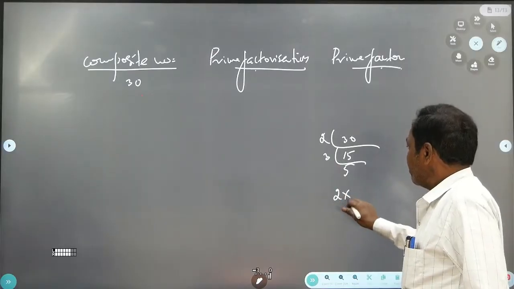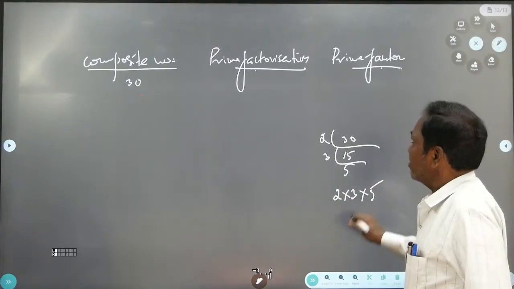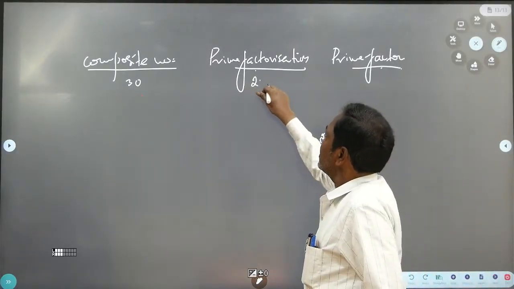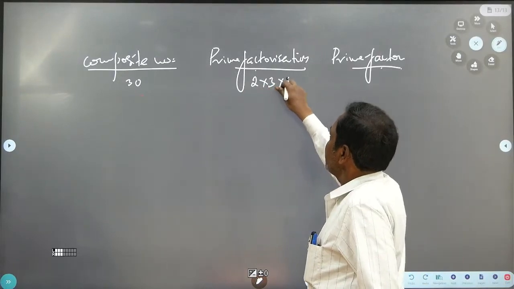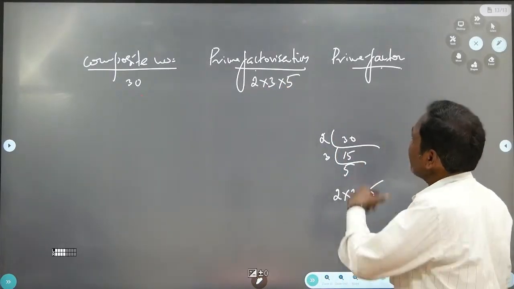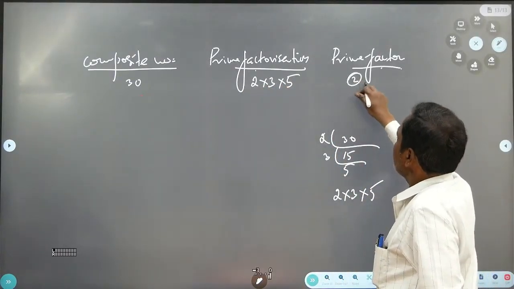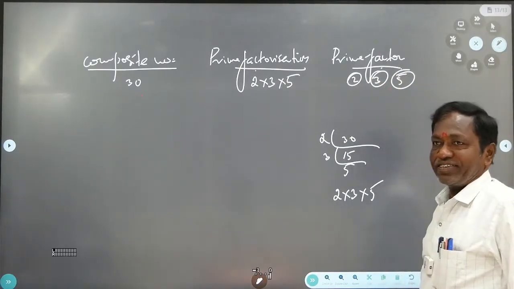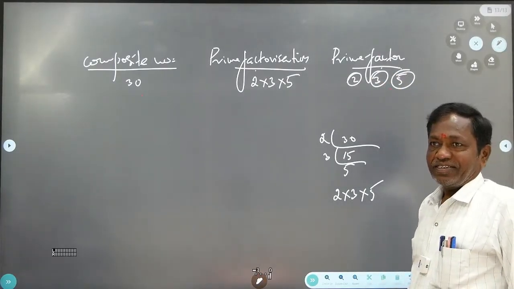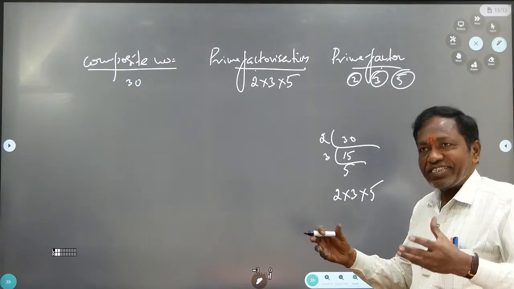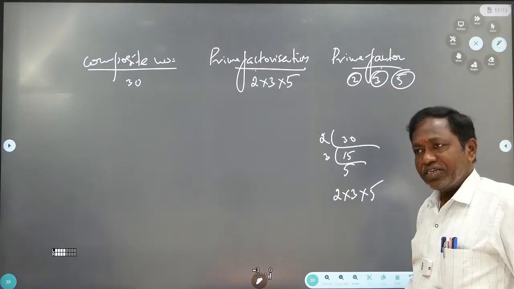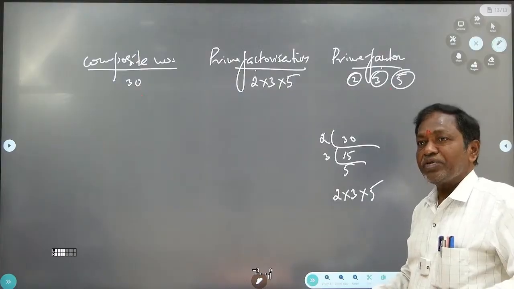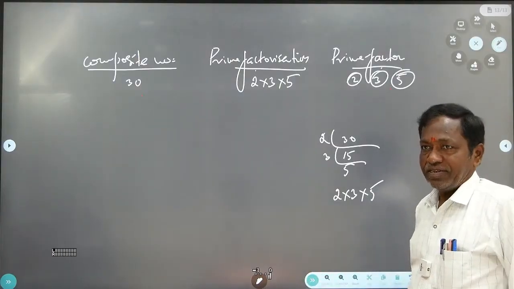It means 2 into 3 into 5. The prime factorization is 2 into 3 into 5. What are the prime factors? 2, 3, 5. There are 3 prime factors. Somehow they create the question like that. The only thing is we need to understand the terminology.